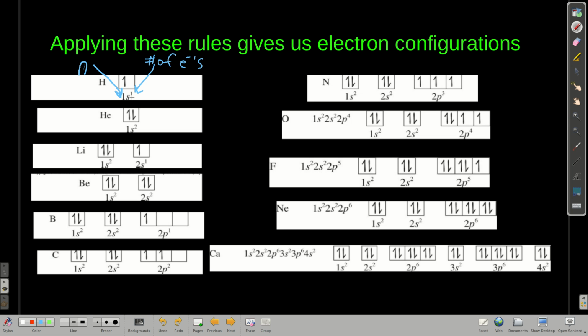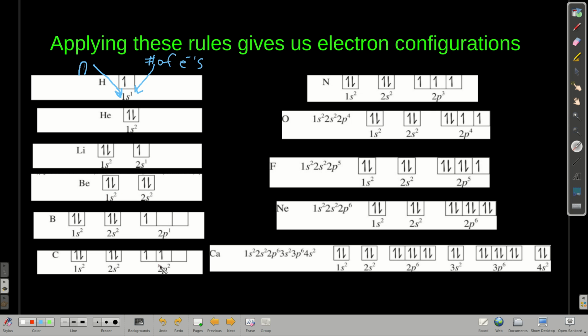So 1s1 means there's 1 electron in a 1s subshell. Helium's 1s2, 2 electrons in the 1s subshell. The next element, as we're going up in atomic number, is lithium, 3 protons. Neutral lithium has 3 electrons. Now with that 3rd electron, the 1s subshell is full, so we go to the next highest energy subshell, which is the 2s, and put that 1 electron in there. And then beryllium, and so on.